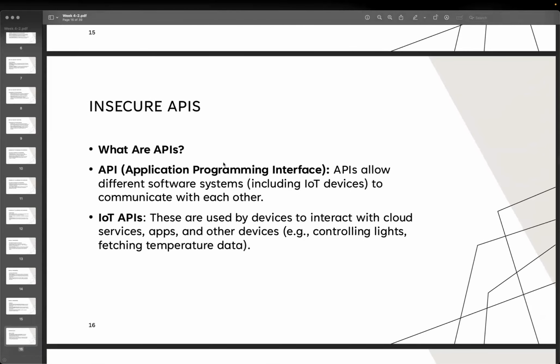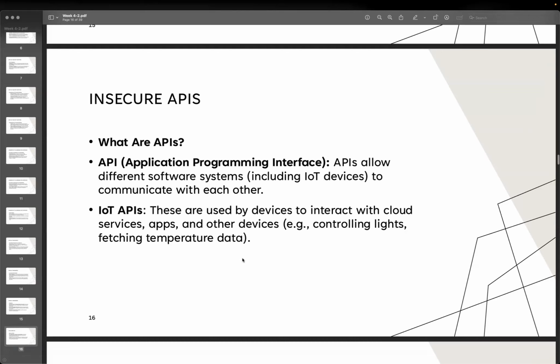And the next will be insecure APIs. API stands for application programming interface. It allows different software systems, especially our IoT devices, to communicate with each other, like posting data to the cloud, apps controlling lights, or fetching temperature data.